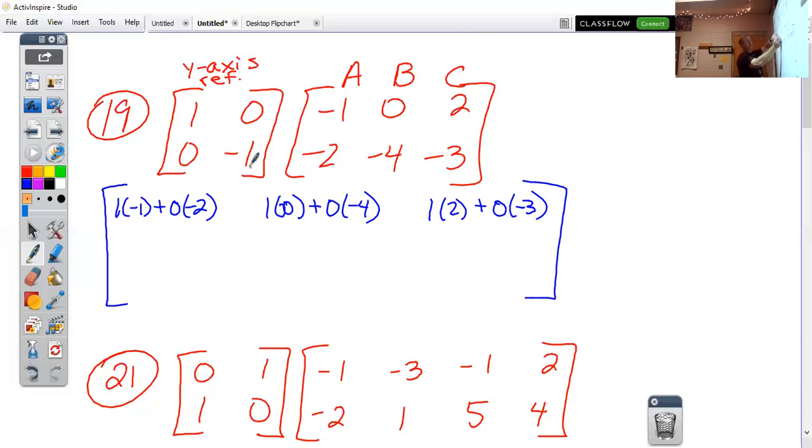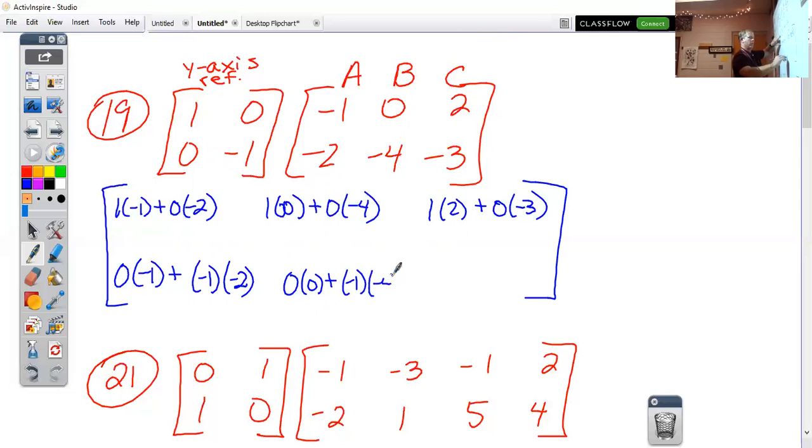And on the bottom, we do the bottom row times the first column. So 0 times -1 plus -1 times -2. And then we would do 0 times 0 plus -1 times -4. And then finally 0 times 2 plus -1 times -3.